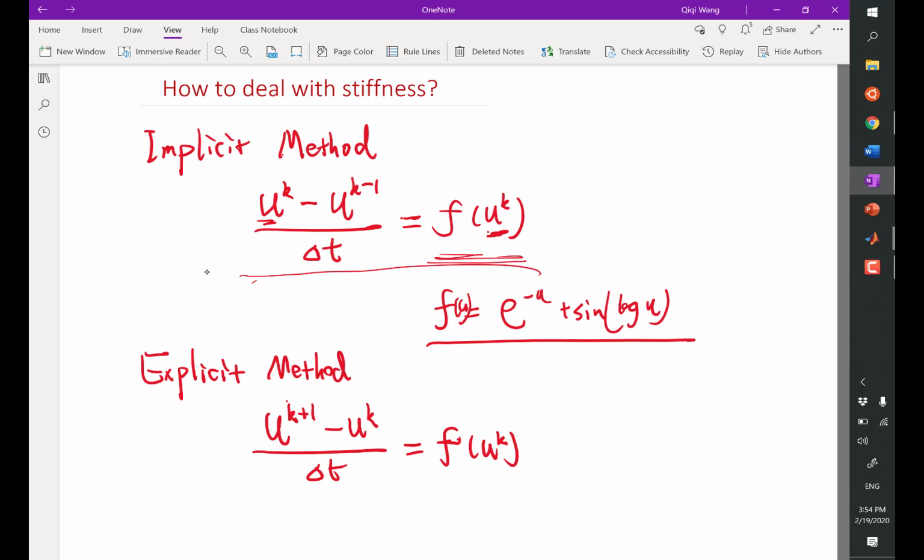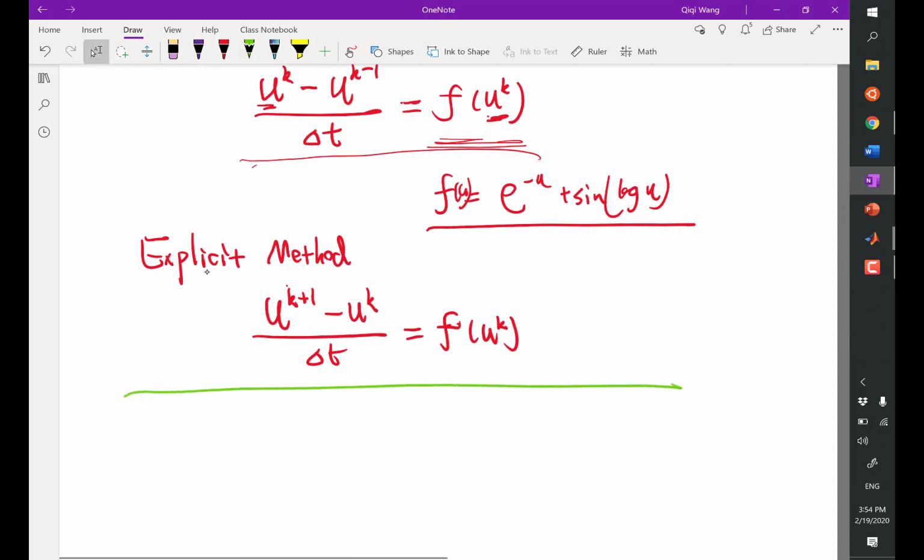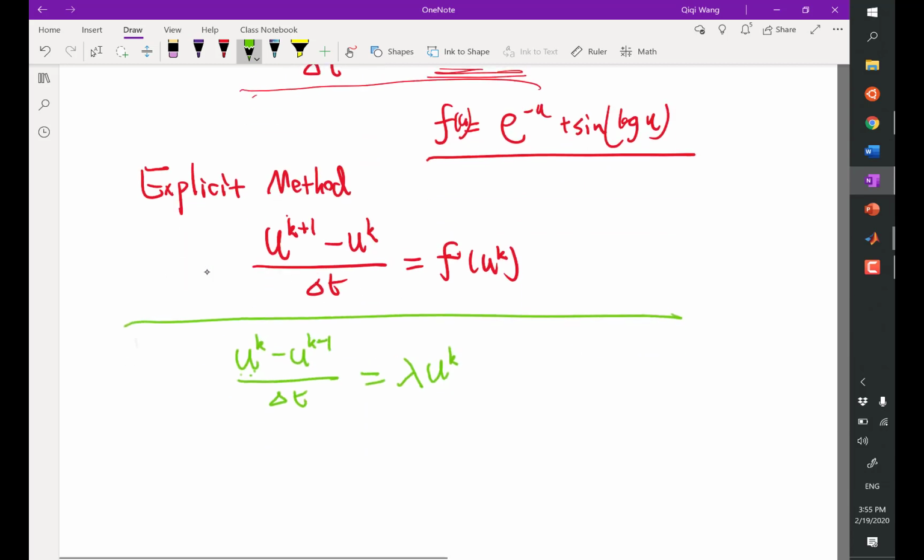So implicit methods like this actually have their disadvantage, but the advantage is pretty clear. The advantage is that its stability region extends to minus infinity. So let's actually demonstrate that. If you have u_k minus u_{k-1} divided by delta t equal to lambda times u_k, the right hand side corresponds to the new member.